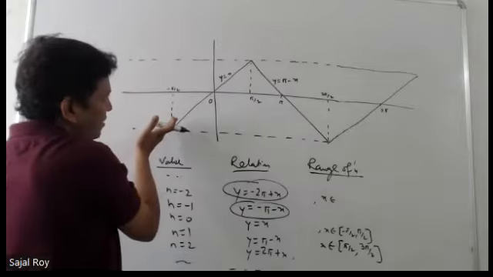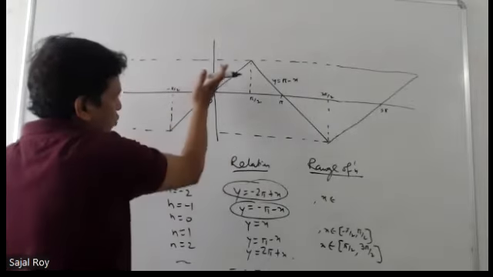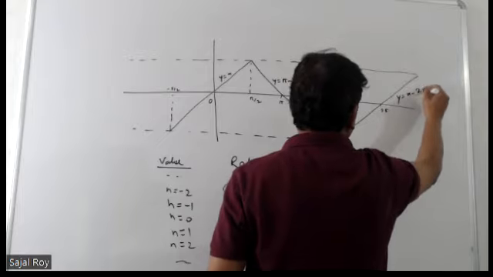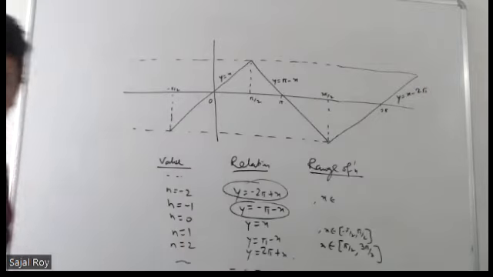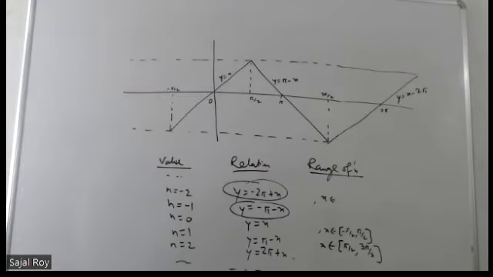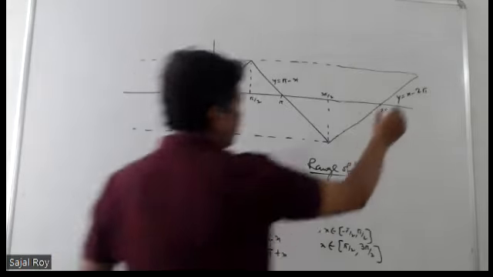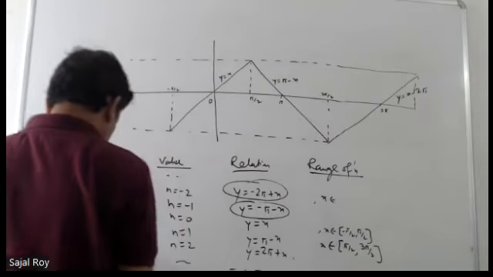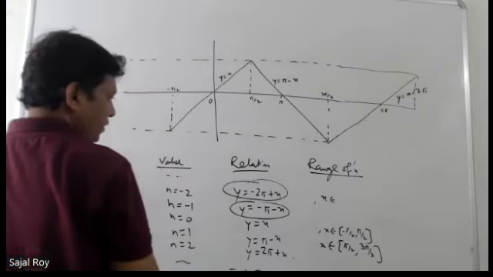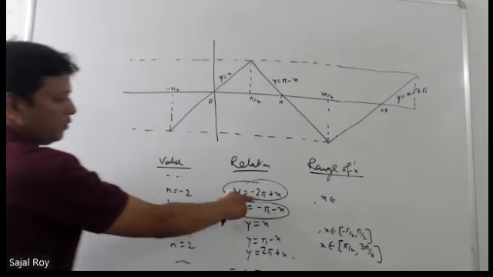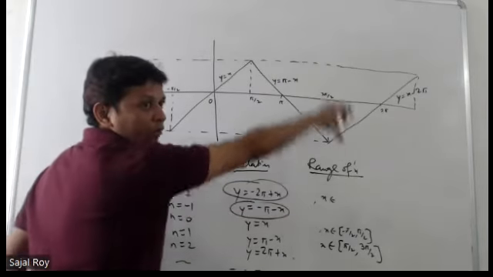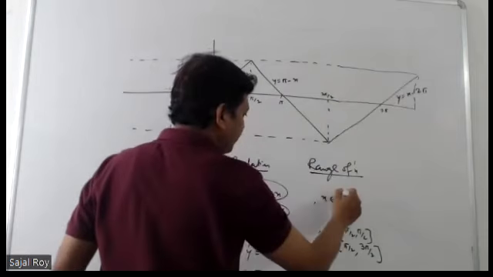This is your y equal to x, so it's shifted by 2π. So it is your x minus 2π, a horizontal shifting of the graph. And this is between 3π/2 and 5π/2, right? This one. I told you to fill up this one later on from the graph, so I will fill up from the graph.